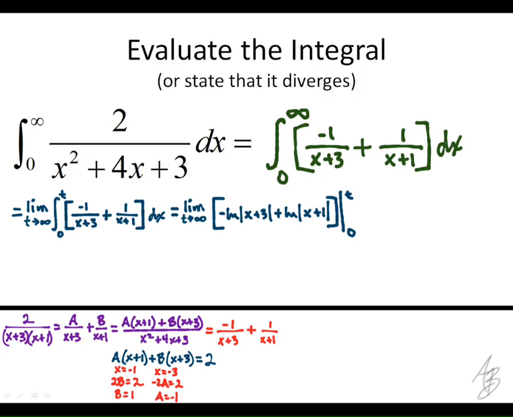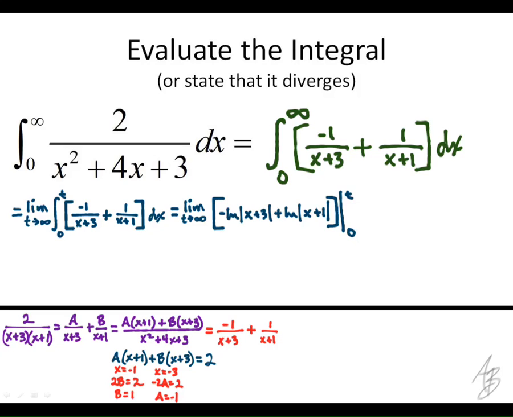Based on what we just said, since we're looking at numbers going from 0 to infinity, remember t is going to approach infinity, so this is going to be a really big positive number. Since all of the numbers we're plugging in for x are positive, this is always going to be positive and this is always going to be positive, and so the absolute values are not going to be necessary.